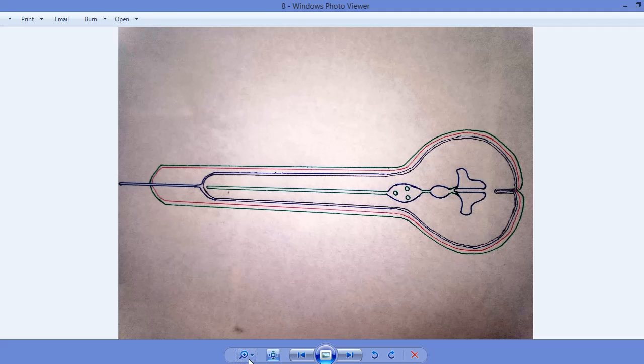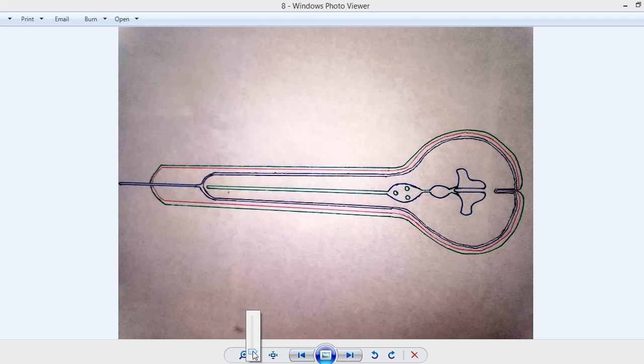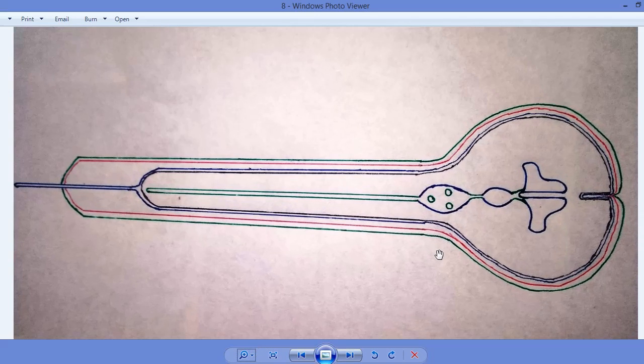In this slide, we can see over here that the formation of the cerebrospinal fluid occurs in this ventricle, in this ventricle, in this ventricle, and also in the fourth ventricle. This cerebrospinal fluid will flow from these ventricles to the third ventricle, and from the third ventricle to the fourth ventricle.